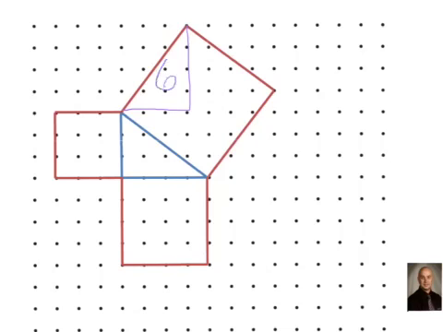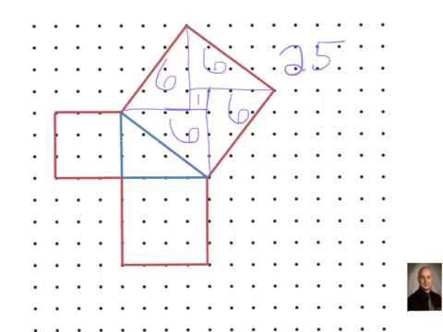Now I can do the same thing right here and make another triangle that has the same area. 4 by 3 divided by 2 is 6. And I can do another one right here that has the same area, and another one right here that has the same area, and then 1 square unit left on the inside, and you'll notice that that has a total of 25 square units. Okay.